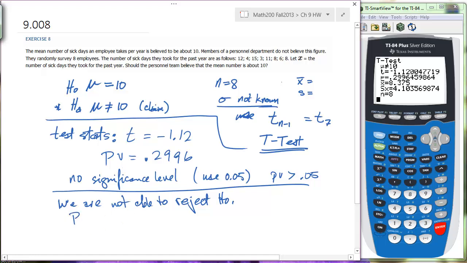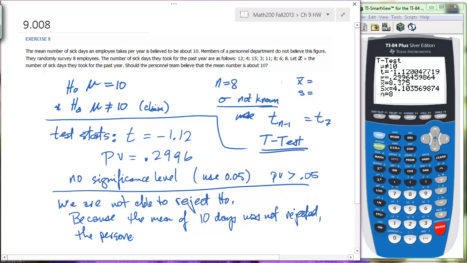So because the mean of 10 days was not rejected, the personnel should believe that the mean is about 10.